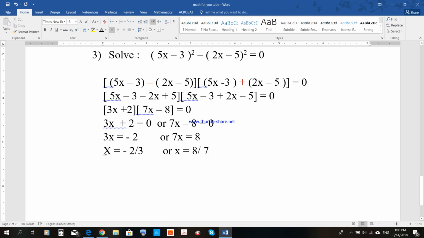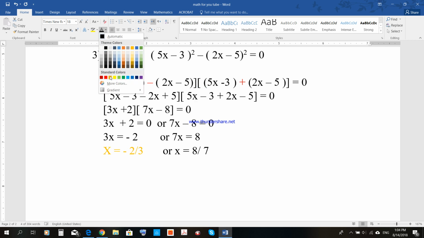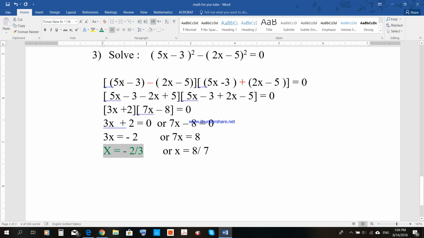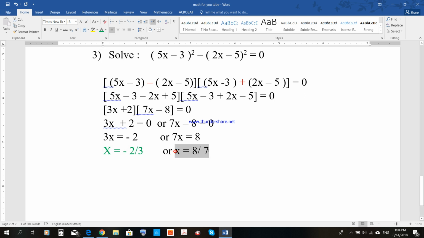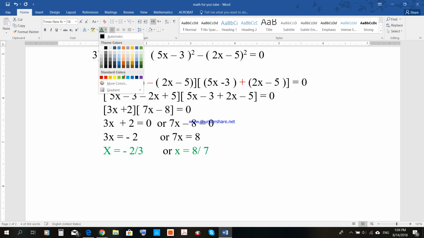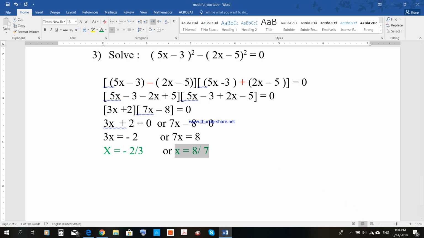In the second equation we do factorization. It is difference of two squares. We make difference of two squares to get two parentheses. After that, first parenthesis equal to 0, second parenthesis equal to 0. These are the answers.